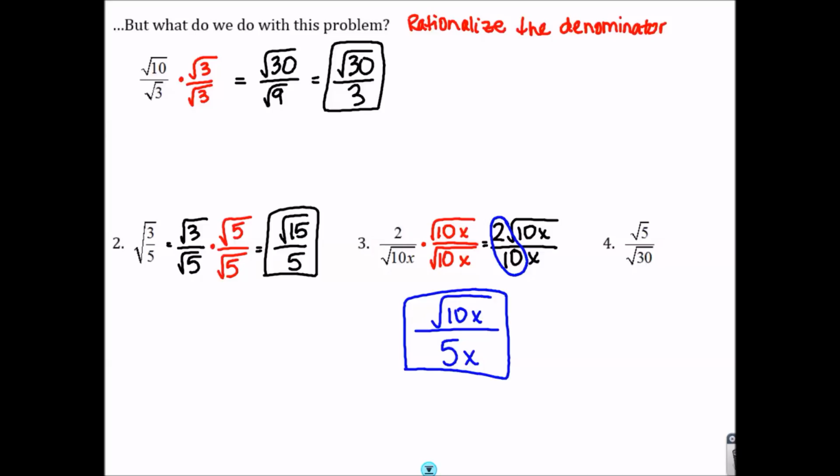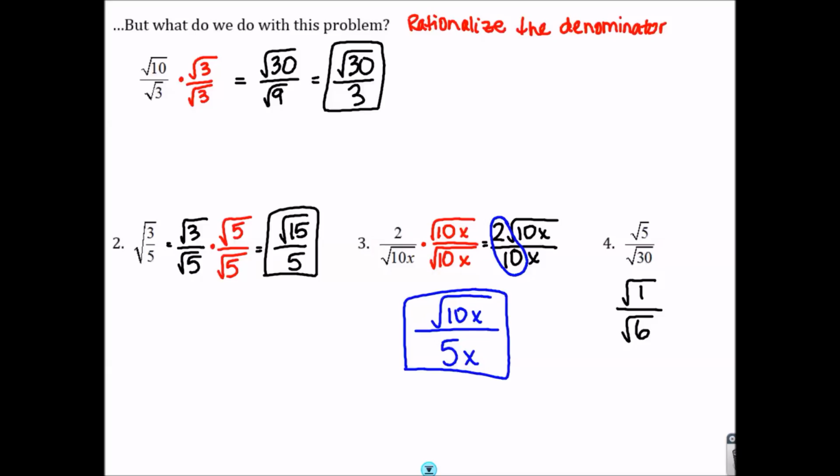This fourth example here is square root of 5 over square root of 30. You can start rationalizing now, or you can simplify that a little first. I'm going to simplify this. I know that square root of 5 divided by square root of 30 will simplify to square root of 1 over square root of 6.